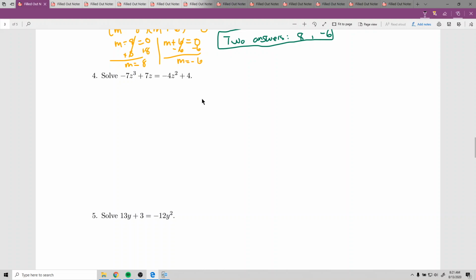Number 4 here, it says solve negative 7z cubed plus 7z equals negative 4z squared plus 4. It looks a little different than all the rest, but the point being that we have different powers of z, so we're going to factor. And if we want to factor, we got to make sure one side is 0.